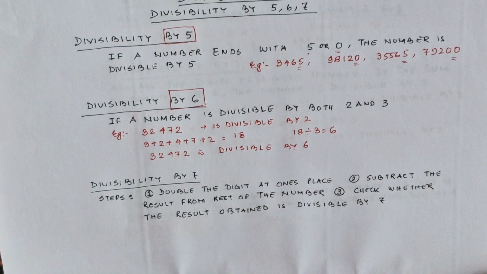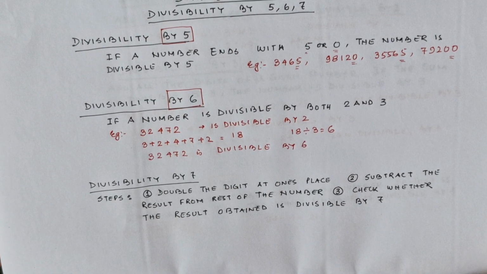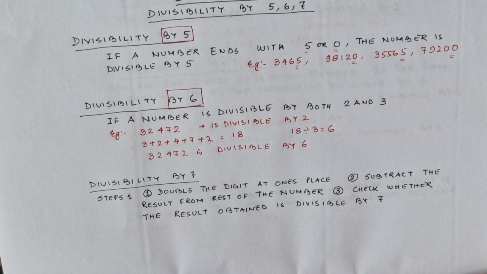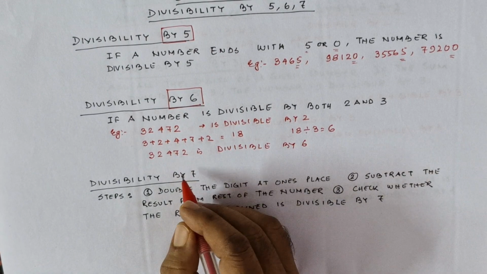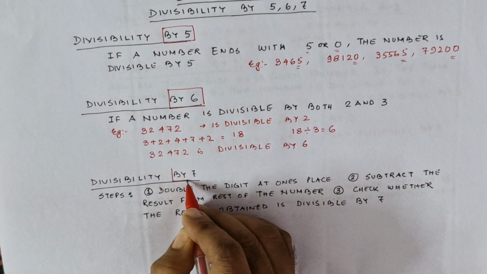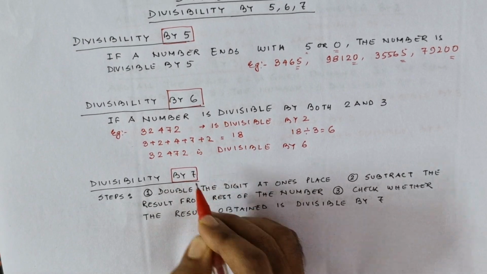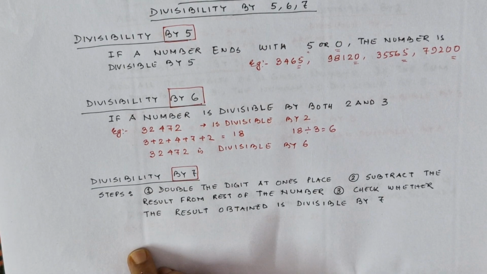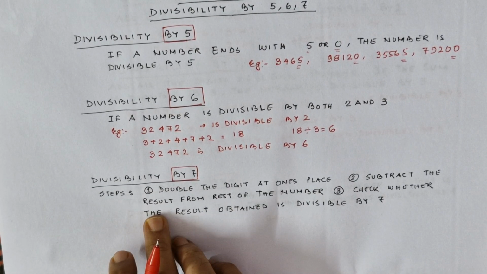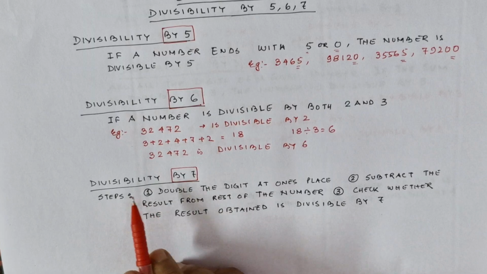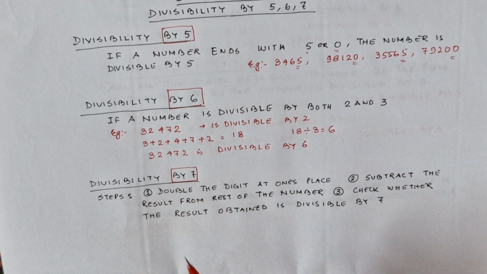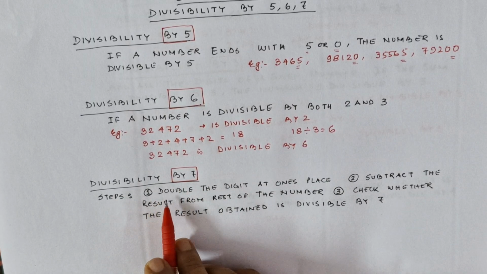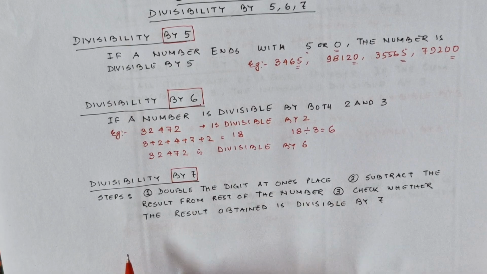Let's move to the next divisibility test, that is divisibility by 7, which is the last test of today's lecture. Now there are a few steps you need to follow in order to check whether a number is divisible by 7 or not. The first one is double the digit at one's place.